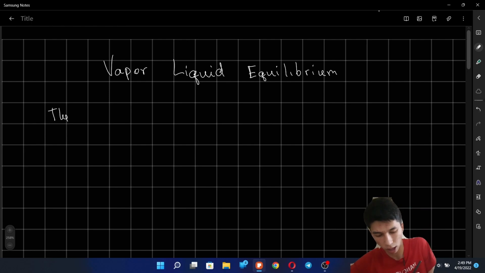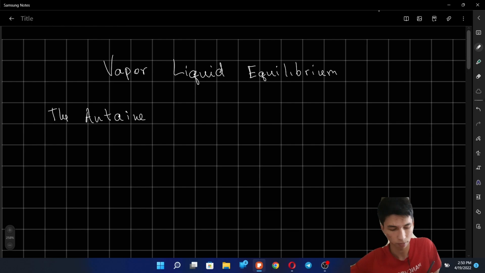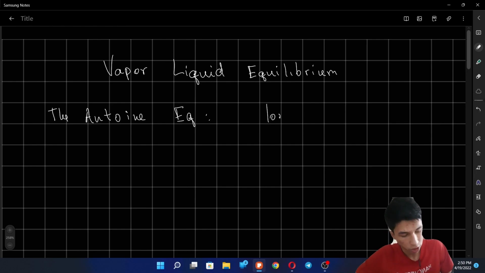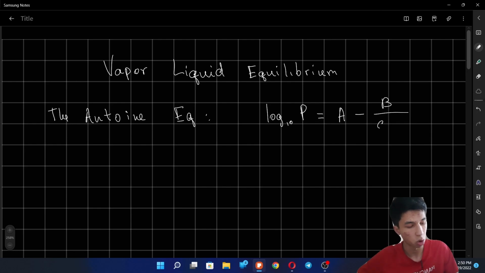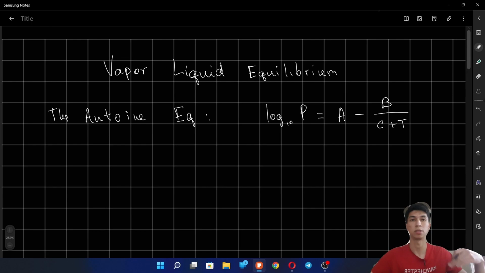The Antoine equation is: the pressure, in log base 10, should be equal to A minus B over C plus T. We use that with vapor-liquid equilibrium to determine the specific pressure at a specific temperature.